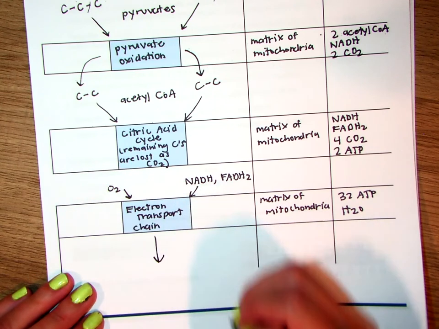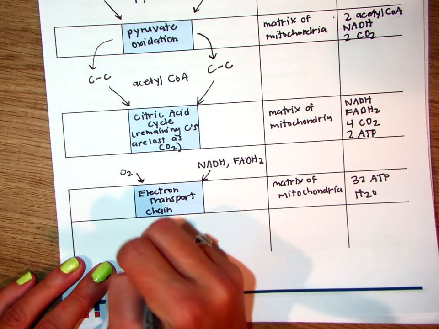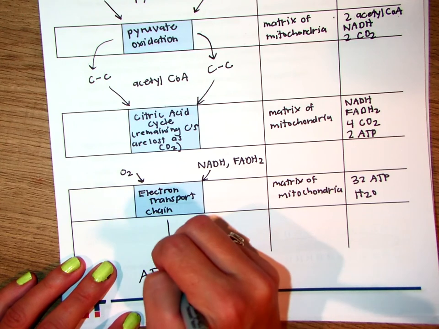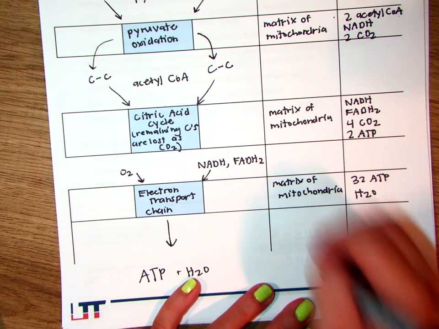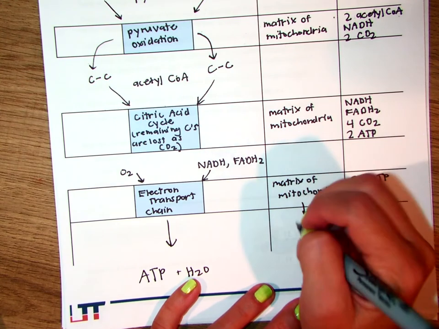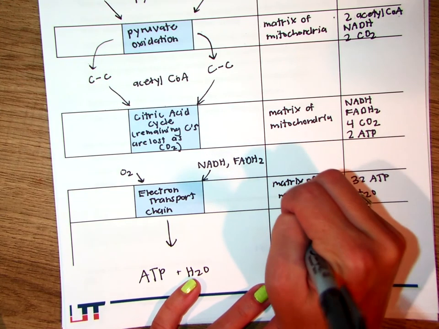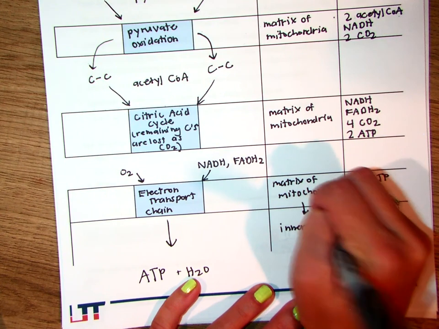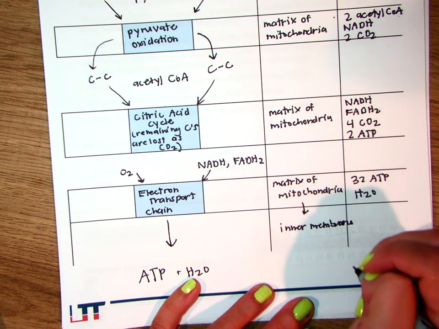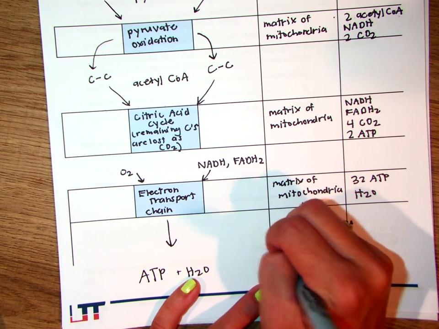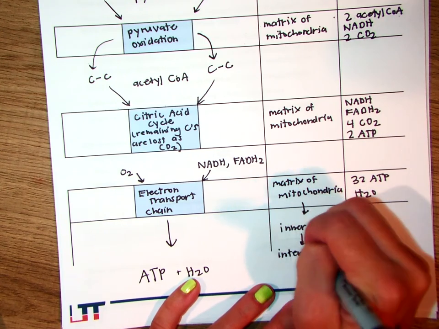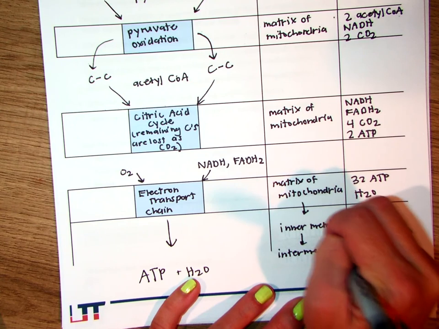So the end result of this is ATP and water. And this happens across the inner membrane in that electron transport chain, and the intermembrane space where all of those hydrogen ions go.